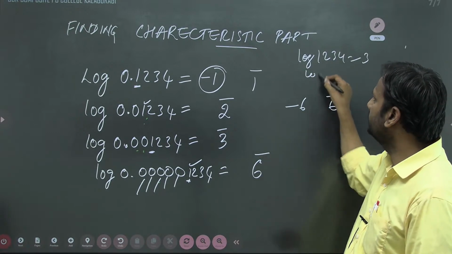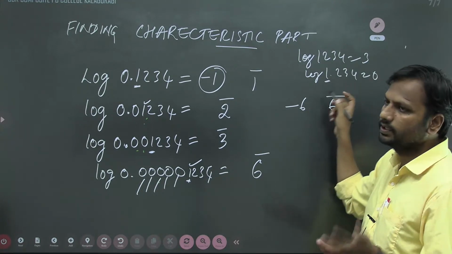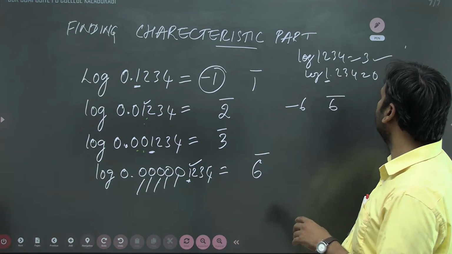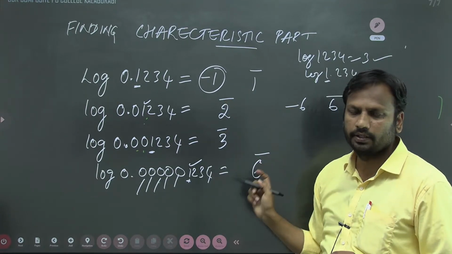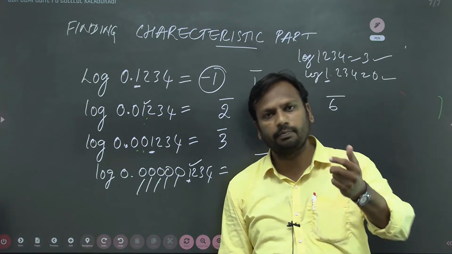If it is a single-digit number, the characteristic part is 1 minus 1, 0. So you may get a positive characteristic part, a 0 characteristic part, or a negative characteristic part like this. So the characteristic part may be positive or negative, or it may be 0 also.